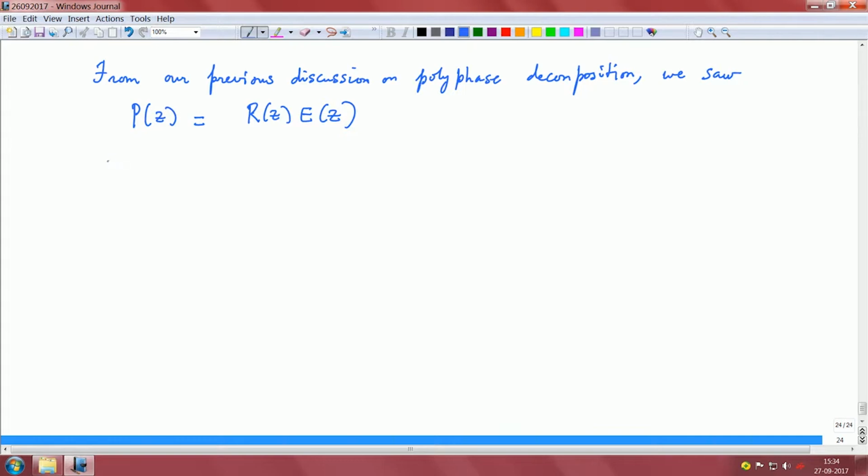And we saw that if P of z equals identity, then R of z is E inverse of z.